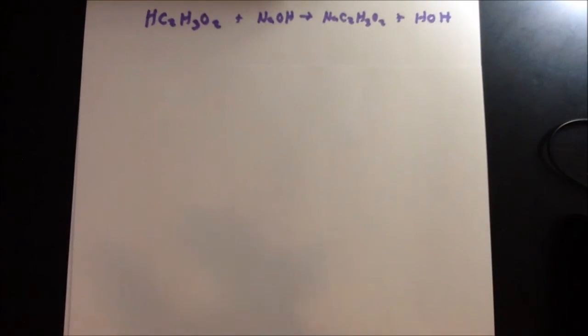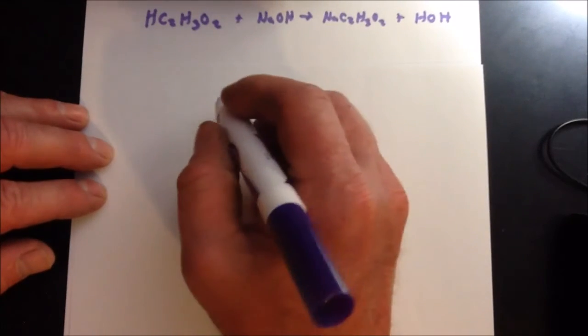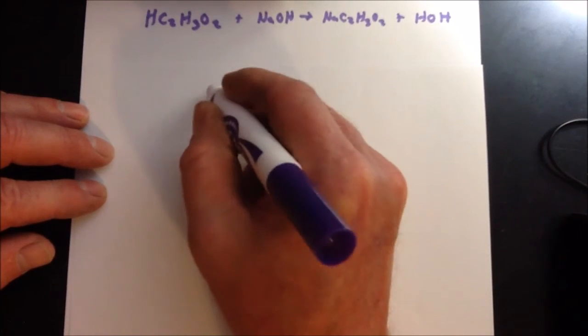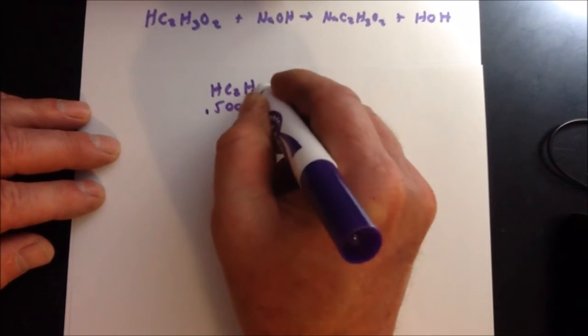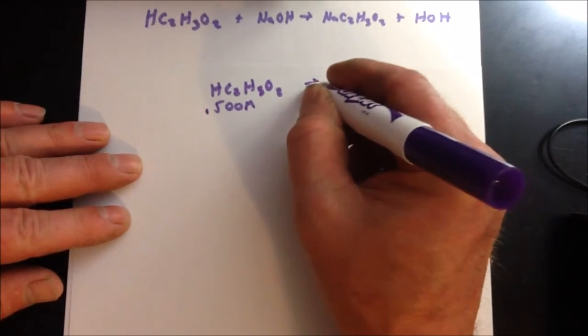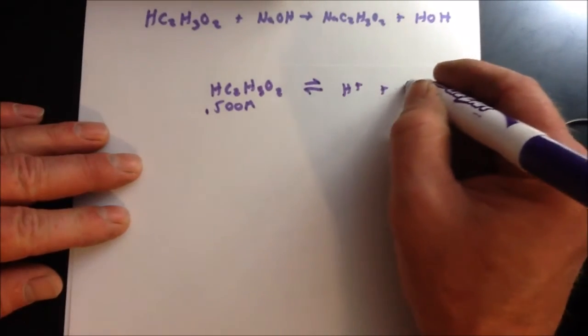Well, because there's no reaction, I don't have any stoichiometry to worry about. I'm going to go straight to dealing with my 0.5 molar acetic acid solution. And because I don't have any reaction, I'm going to jump right to my equilibrium reaction.